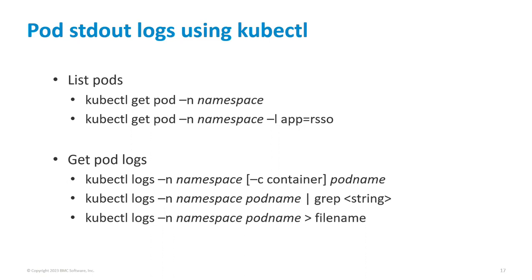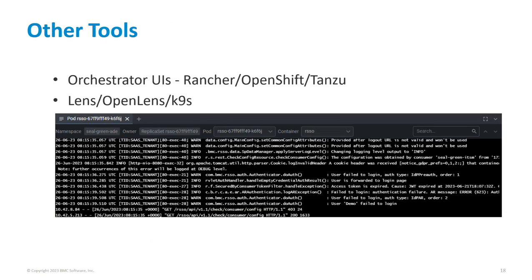So you'll have several RSSO pods, several platform pods in ITSM, and those pods are load balanced, so you won't necessarily know which one of the pods the event that you're trying to find has happened in. So you'll need to collect the logs from the different pods and work with those to find the information that you need. There are ways to make that a little bit easier.